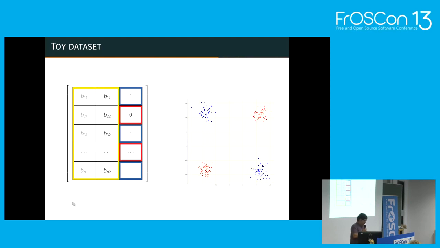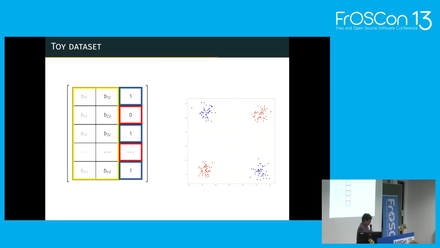The idea in the sort problem is that we don't have a single line to separate this kind of data. If we draw some line over here, the separation will not be correct.